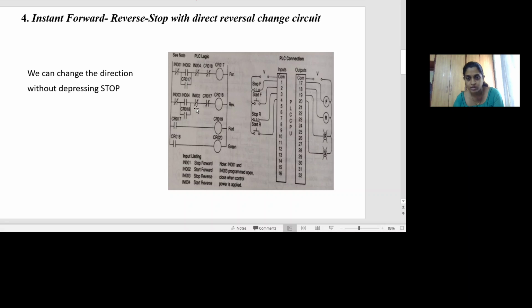At the same time, the IN002 contact in the second line will open. So the same contact is taken in two different lines: in one line as NO, and in the other as NC. Whenever I energize, in one line it will be normally open, in the other it will be closed.